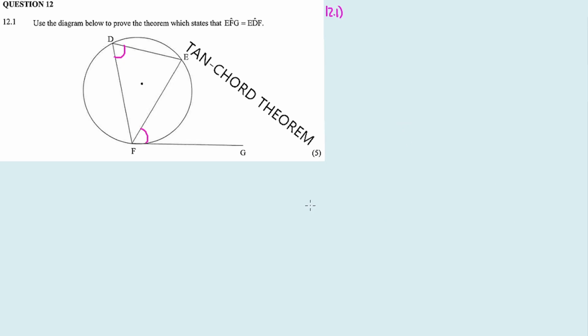Okay, 12.1. The first thing we are going to do is a construction, right? We do this construction by drawing a diameter AOF, and then we join AD. The reason we do this is so that we can have a bow tie, right?